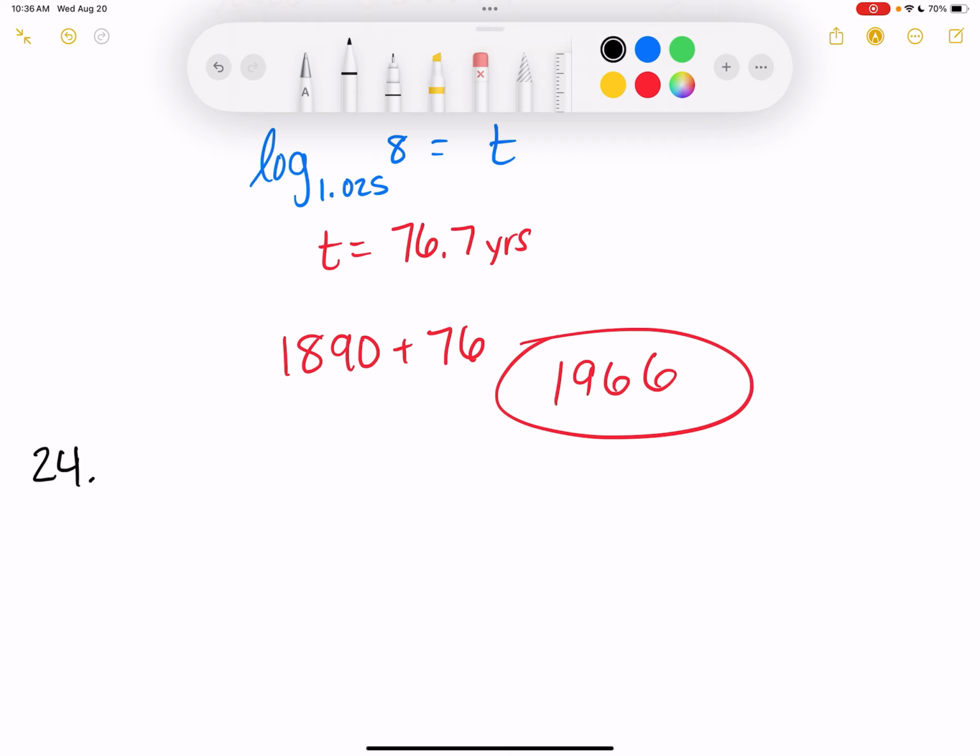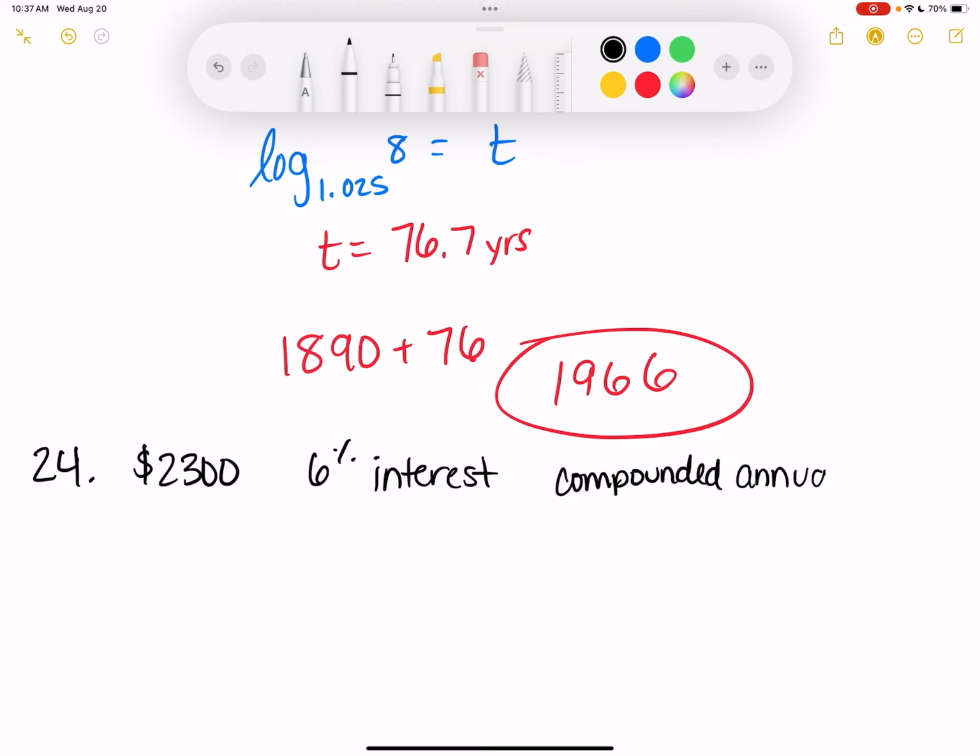So 24, if John invests $2,300 in a savings account with 6% interest, it's a good interest rate, compounded annually, I know we did stuff last year with it, like annually, quarterly, monthly, all those things. How long will it take until his account balance has $4,150 in it?